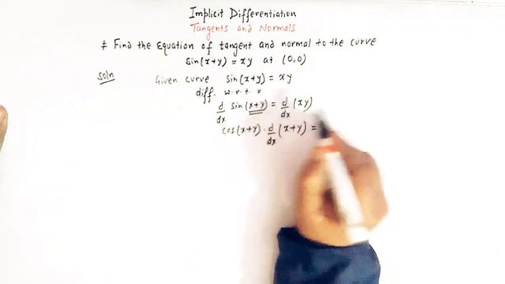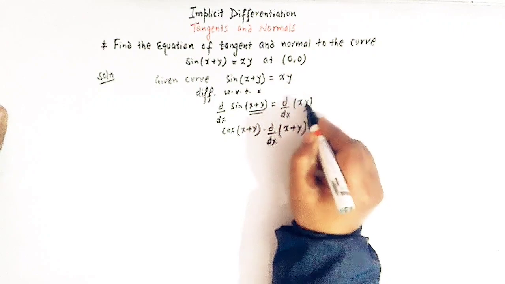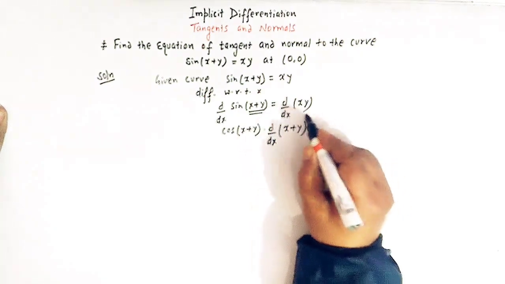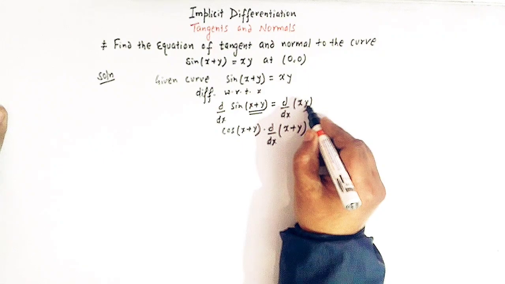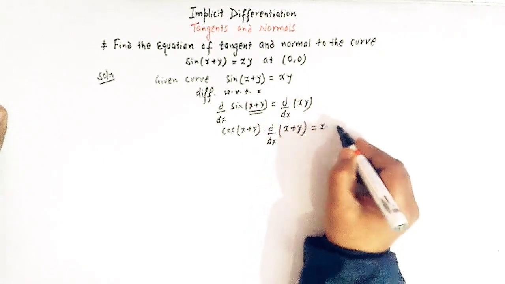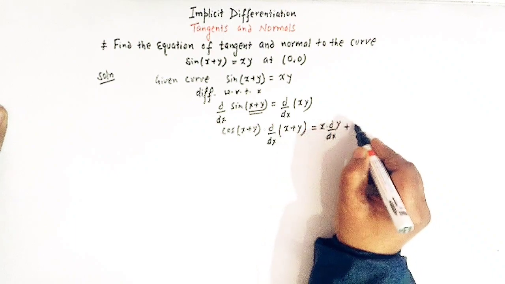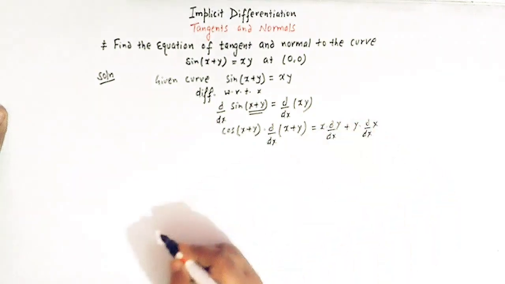And on the right hand side we have the product of x and y, and here we'll apply the product rule to get the derivative. So x can be taken as the first function, y may be taken as the second one. So we have x, then the derivative of y, and then we have y and the derivative of x, right?